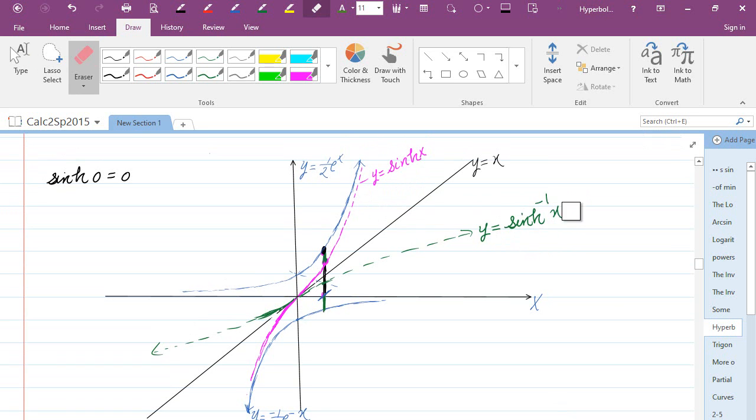This is the symbol for the inverse of this function, and the graph of that is simply the reflection of the graph of the hyperbolic sine across the line y equals x. So the green curve here is the graph of the inverse of the hyperbolic sine function, and notice that the green curve is also an increasing function.